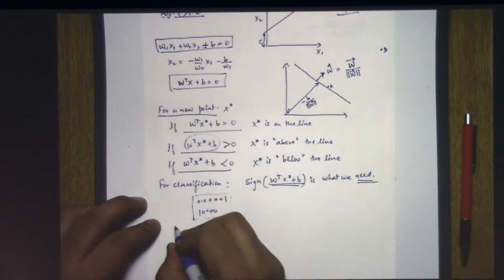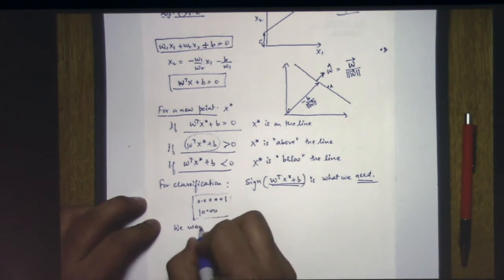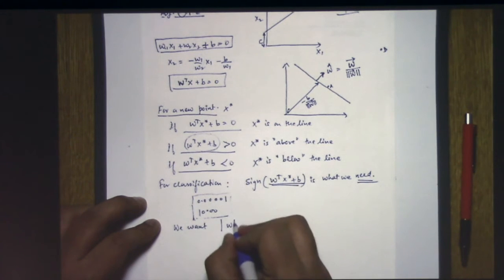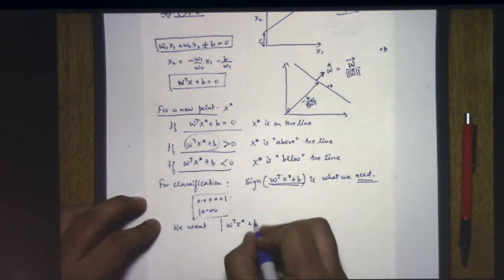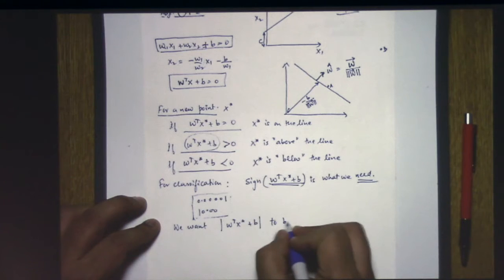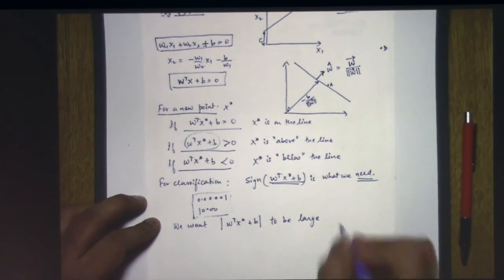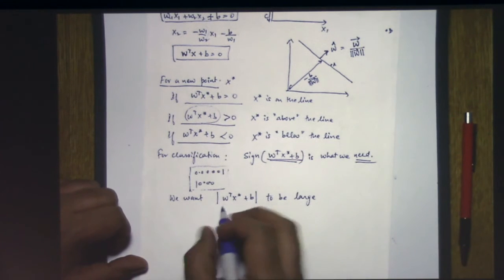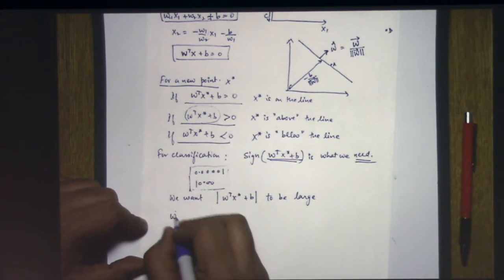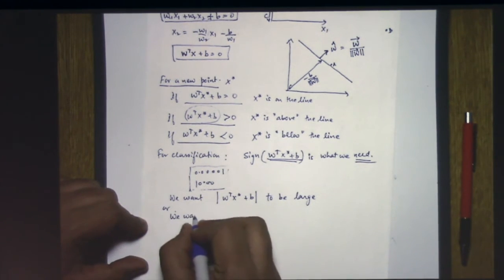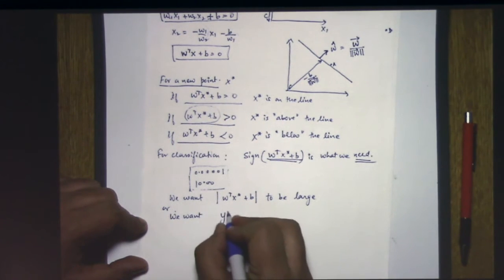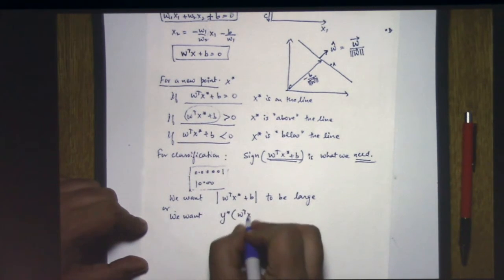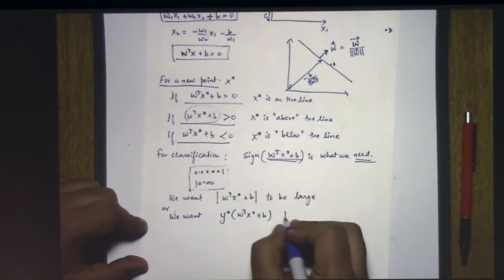So we want the magnitude, or the absolute value, to be large. We can also say that if you know the label of this point, we want y star times this value to be large.